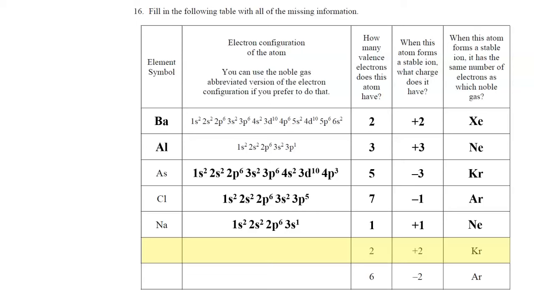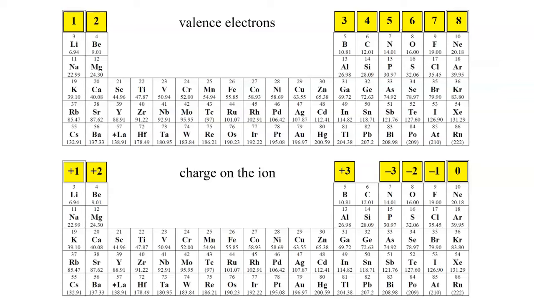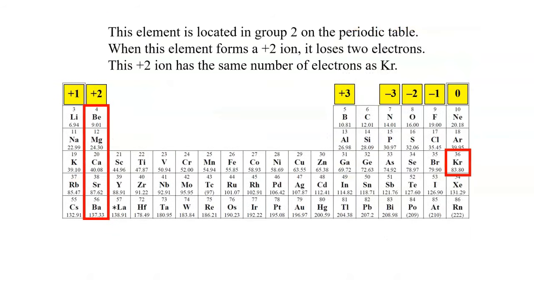So based on the number of valence electrons, we know that this element is located in group 2. So 2 valence electrons, it has a charge of +2. So the element is located in group 2 on the periodic table.